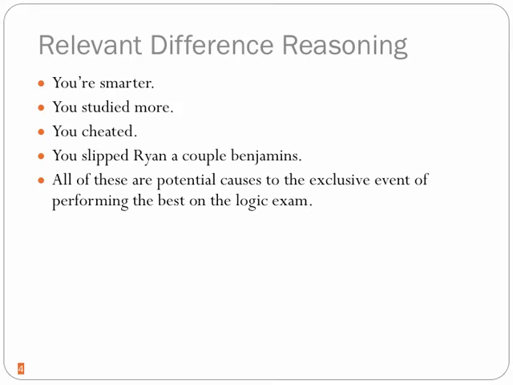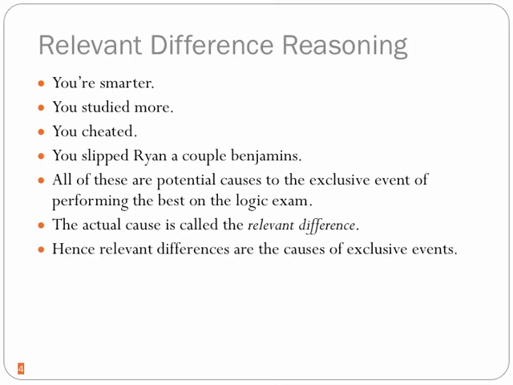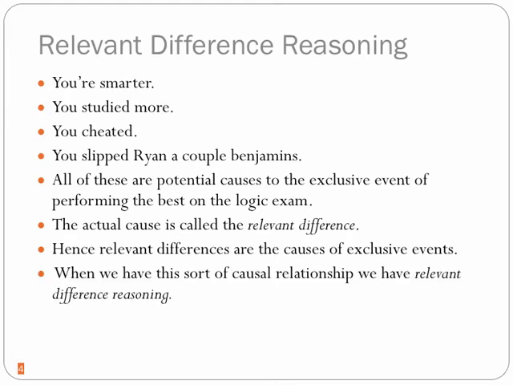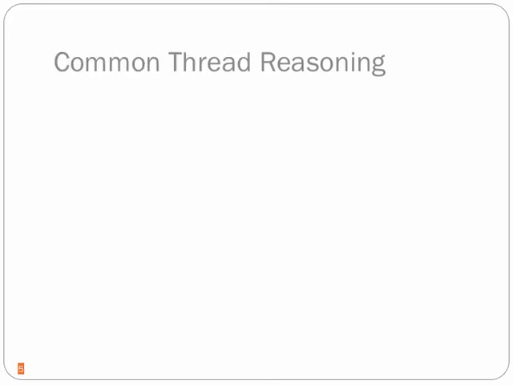The one that's the correct cause, we name the relevant difference. So the exclusive event was the effect, and the relevant difference is the cause of this exclusive event. And that sort of relationship, as I mentioned, indicates relevant difference reasoning. So this is opposed to common thread reasoning.